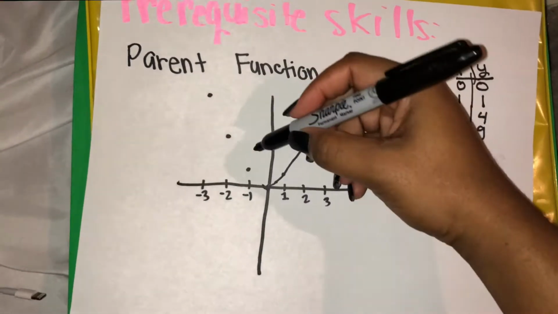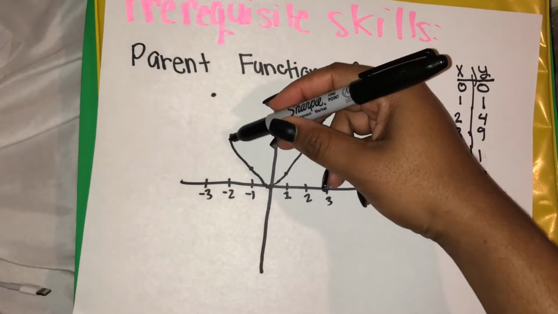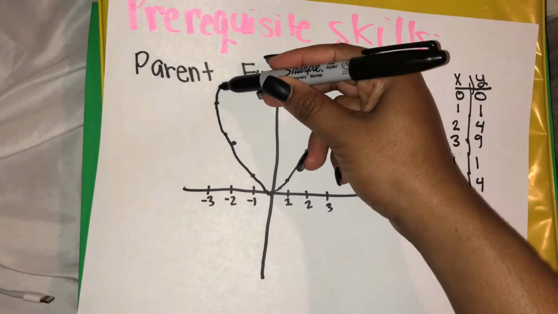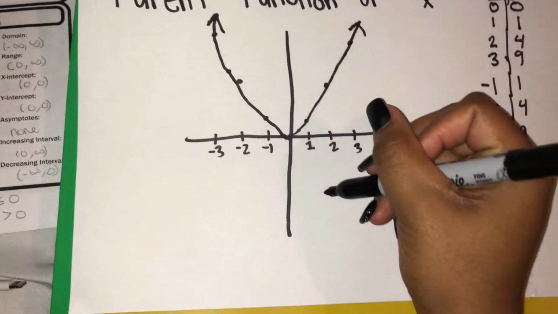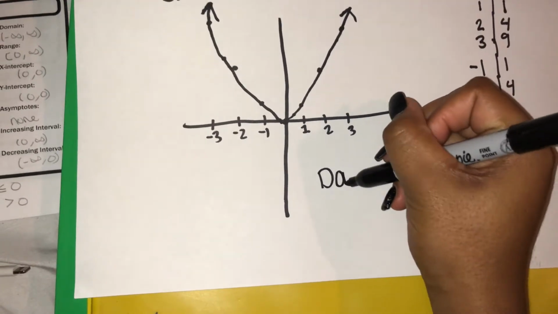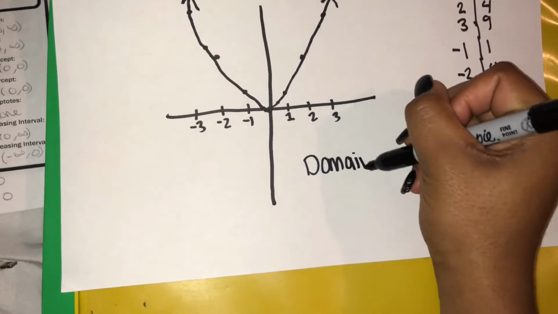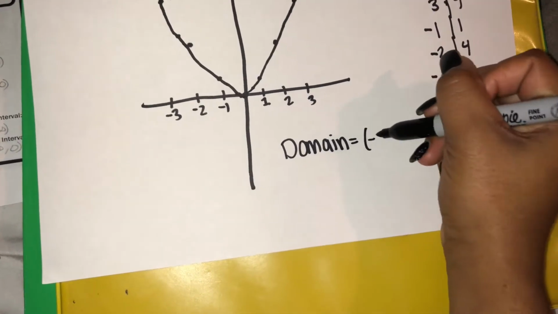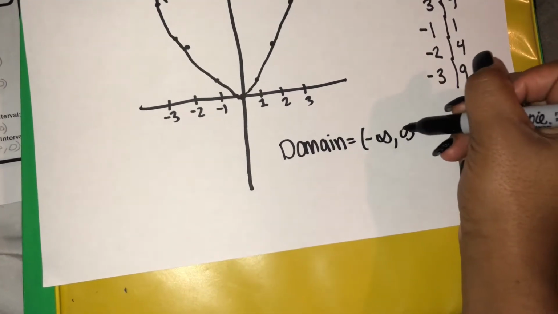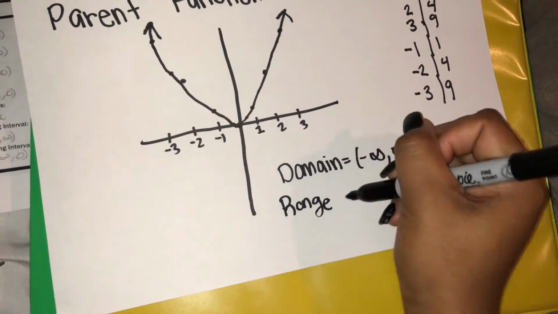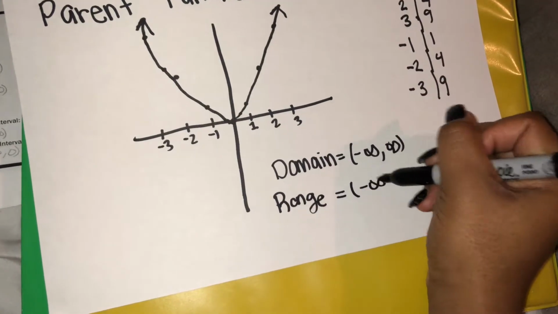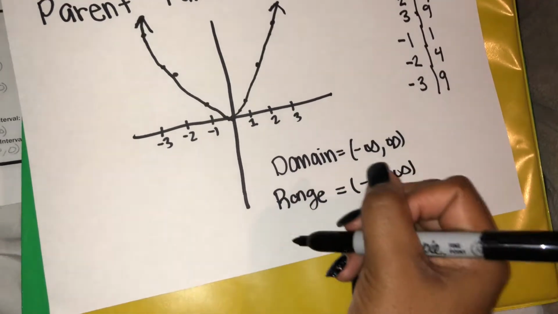And you can see that the domain is -infinity to +infinity. Range equals -infinity to +infinity.